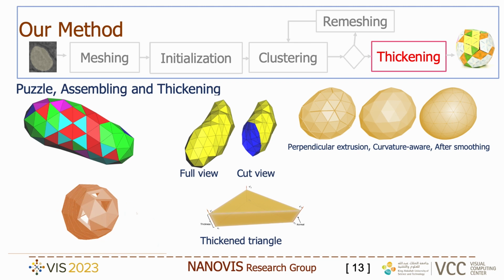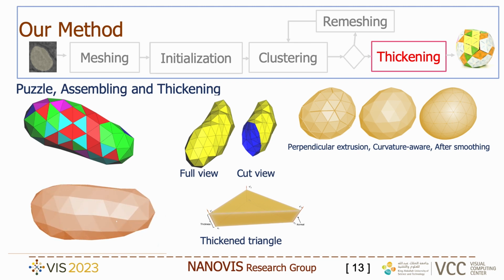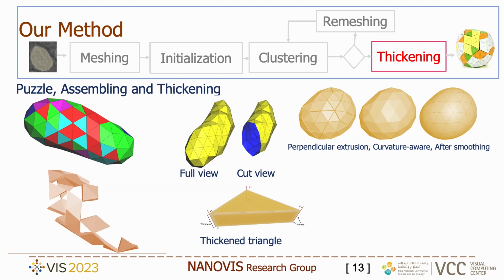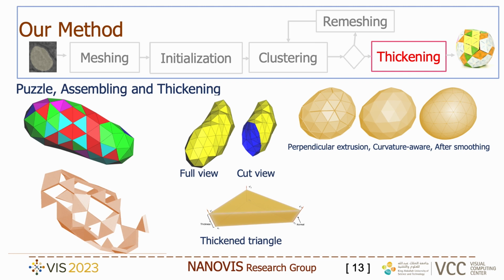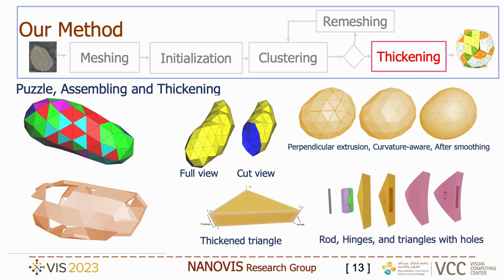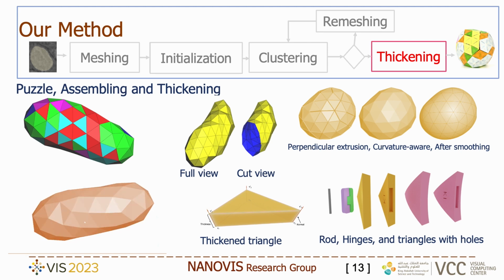And this model shows thickness and perpendicular extrusion on the left side, the center one is our method with curvature-aware thickness, and the last one is also a smoother surface. After this, we create holes in the three sides of each triangle and design unique hinges for their assembly and reconfigurability.